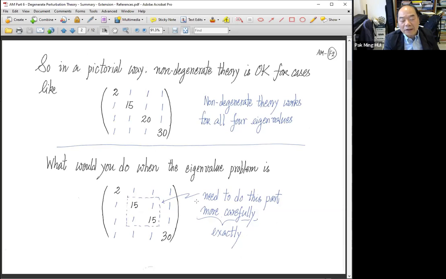What I mean is that we don't work it out exactly. We can do it exactly for 4 by 4 only, okay? But we just do it approximately. What would you do? The trick is very simple. You first do this part corresponding to degenerate or nearly degenerate unperturbed eigenvalue. Listen to this punchline.